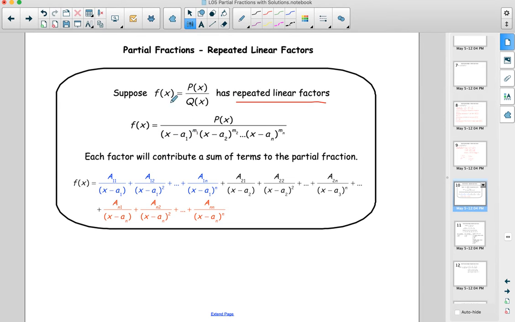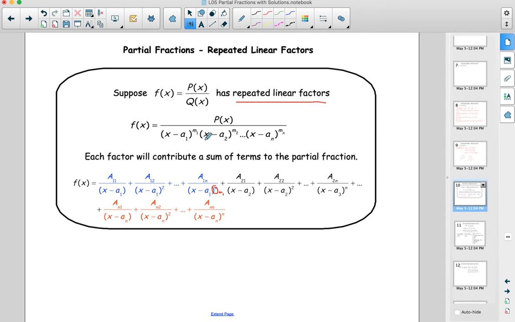So how do we work our way through this? We start with the first factor, and we do a11 over x minus a1, a12 over x minus a1 all squared. And then we keep going out to m1, whatever this exponent was. So if this exponent was 4, we'd have something over the first power, squared, cubed, and then we stop at degree 4.